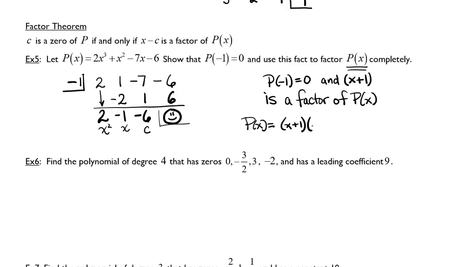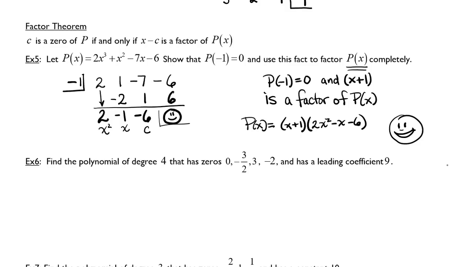So we can write this as a product of the factor we divided out times 2x squared minus x minus 6. This will come in very handy moving forward. This is a very cool way to check to see if you have factors in a polynomial. You can move forward from there.